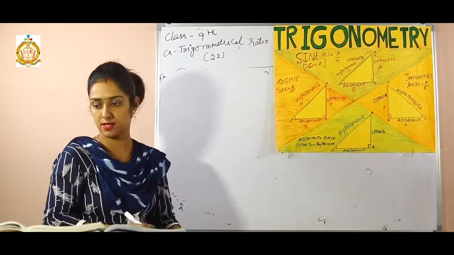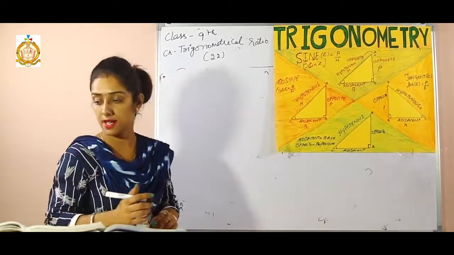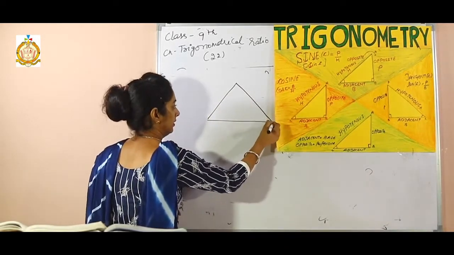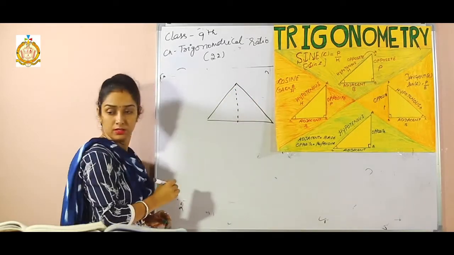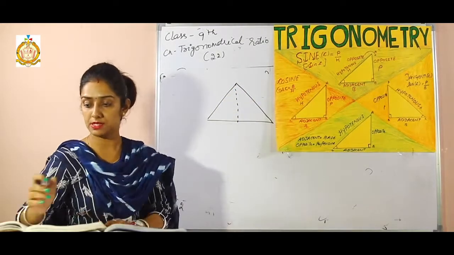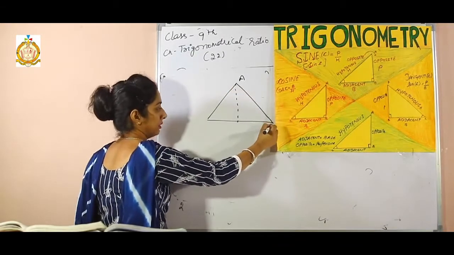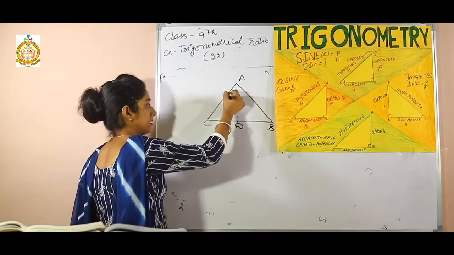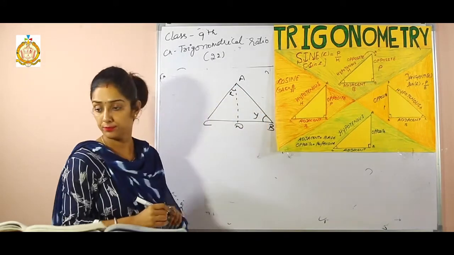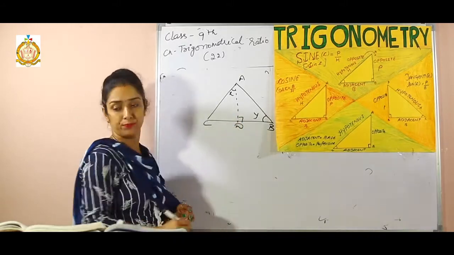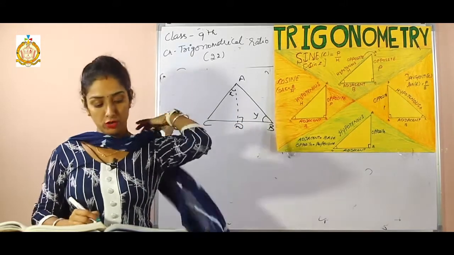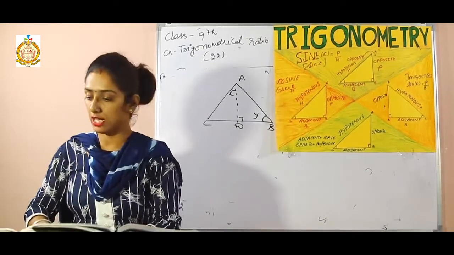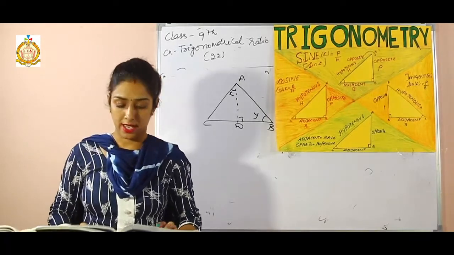last question of this exercise. In this exercise, this diagram is there. Now A, B, C and D will be there, and X is there and Y is there. This is of 90 degrees. So first of all, you have to find the value of cos x.